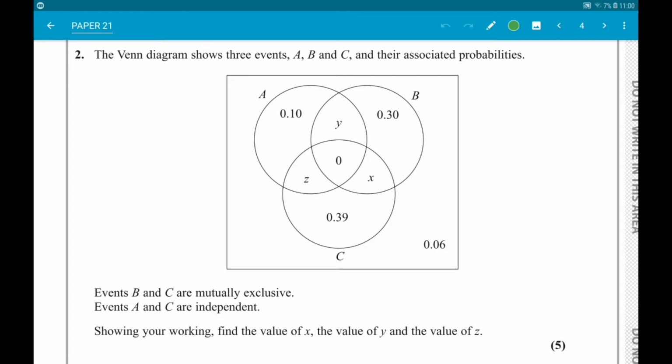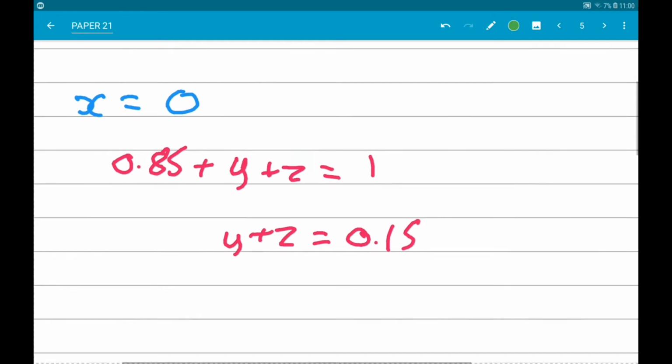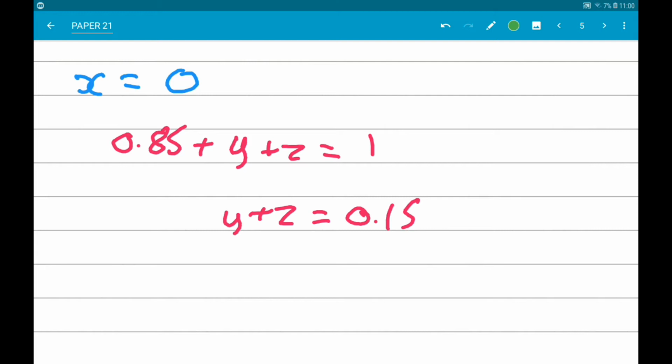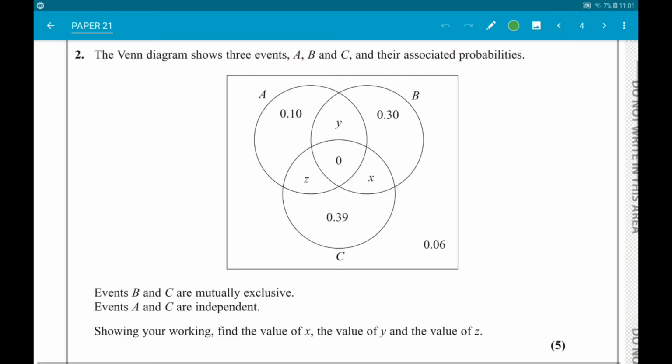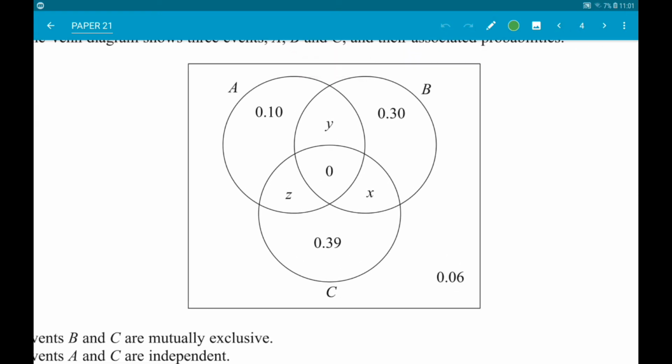Now that means their intersection is equal to the probability of A times the probability of B. So, we might then want to write the probability of A intersection C is equal to the probability of A times the probability of B. Okay, so we know then the intersection is Z.